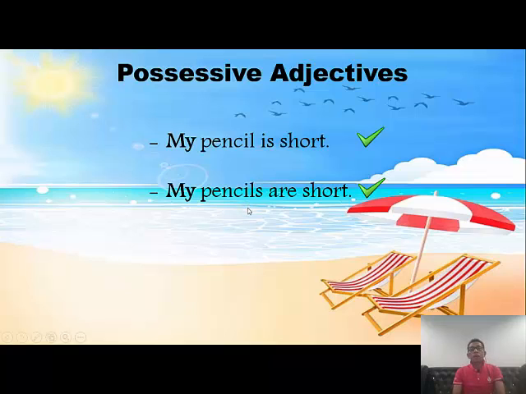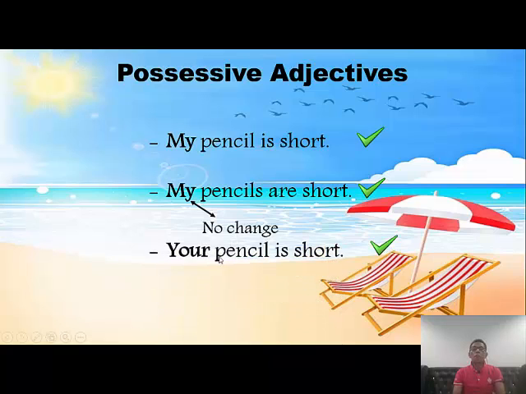Okay, so for your information, possessive adjectives only have one form, and they won't change if you use plural or singular nouns. All right? Okay. Now, my doesn't change at all. Look at my. When you use it for a singular or plural noun, the possessive adjective won't change at all. All right?